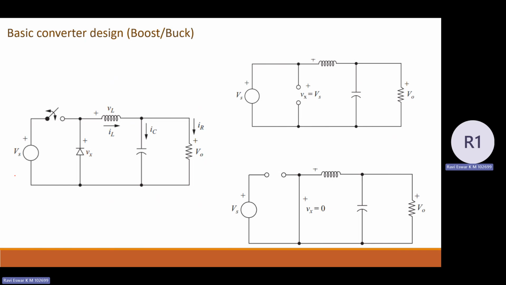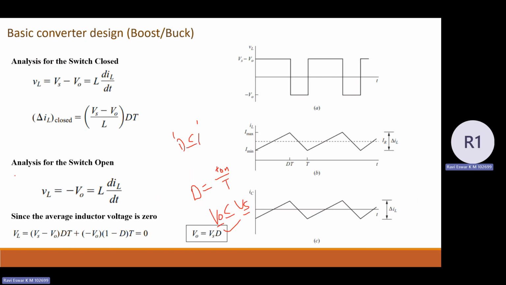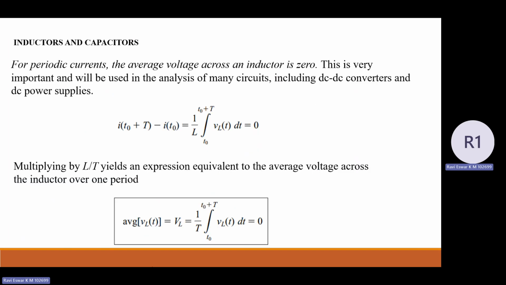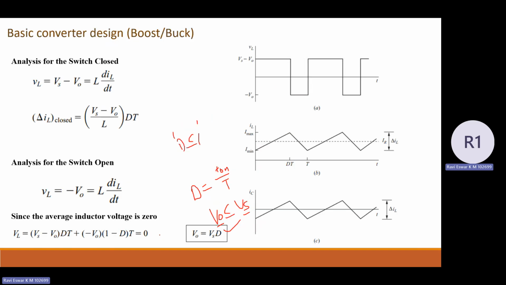And from this analysis, one important point we discussed is that the average voltage across the inductor is 0. From this I can say that the minimum current in mode 1 is equal to the next cycle's minimum current.